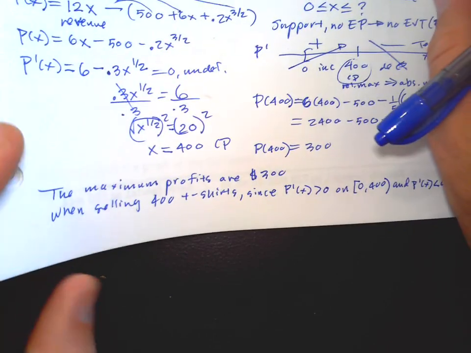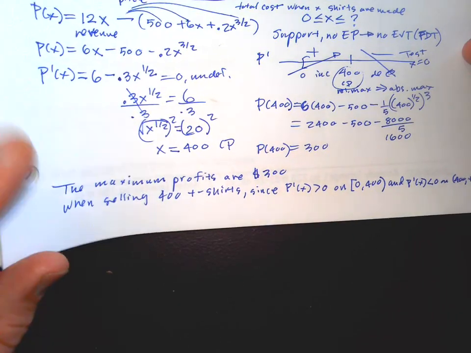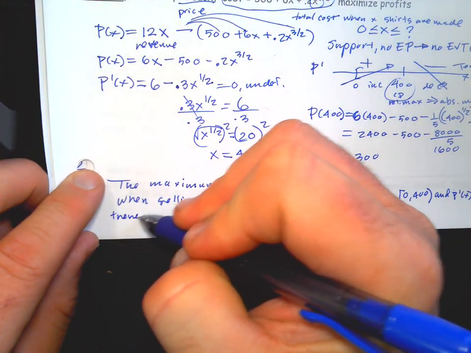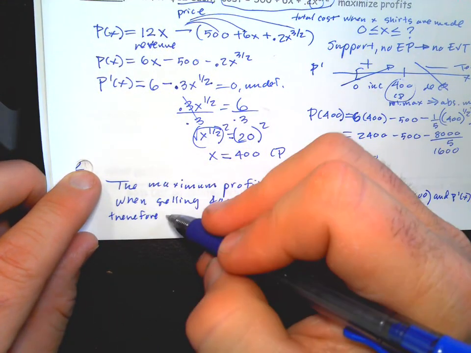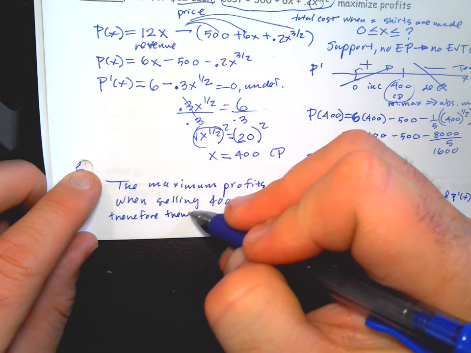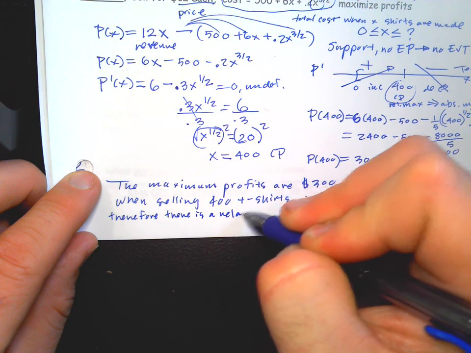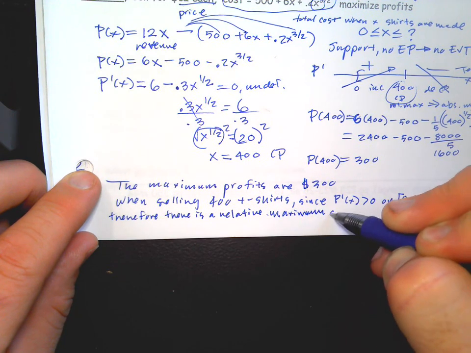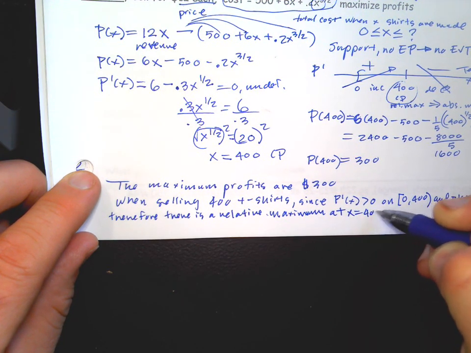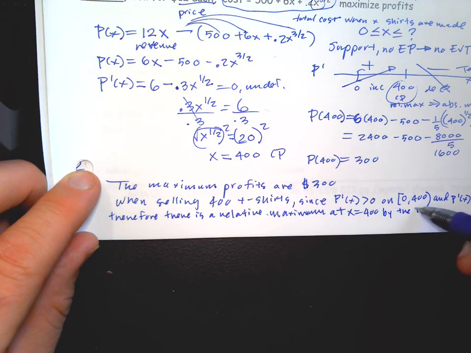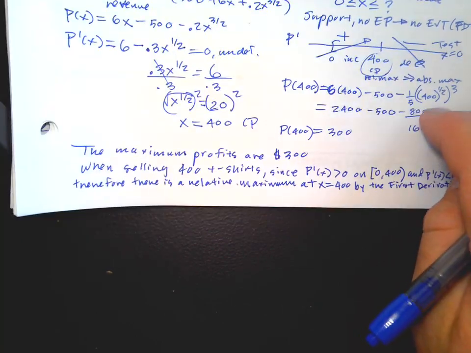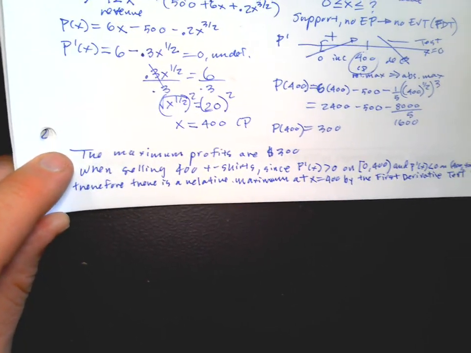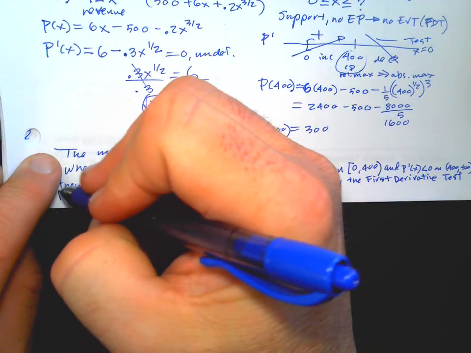So I'm doing first derivative test justification here. Therefore, there is a relative maximum at x equals 400 by the first derivative test for relative extrema.